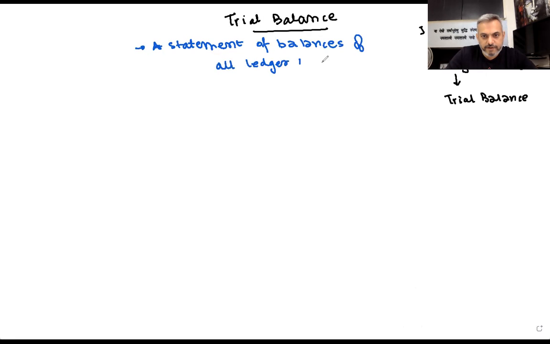So, whatever ledger accounts we have created, wherever there are balances, we prepare a statement which shows the balances of all ledger accounts at a particular point of time, say as on 31st March, as on 31st January, as on 31st December, as on 28th or 29th of February. So on a particular day, we prepare the statement of balances of all ledger accounts.